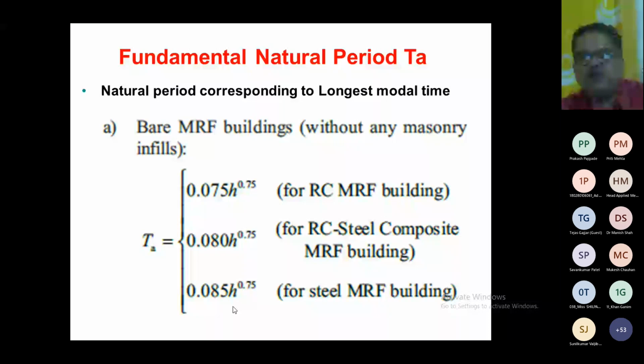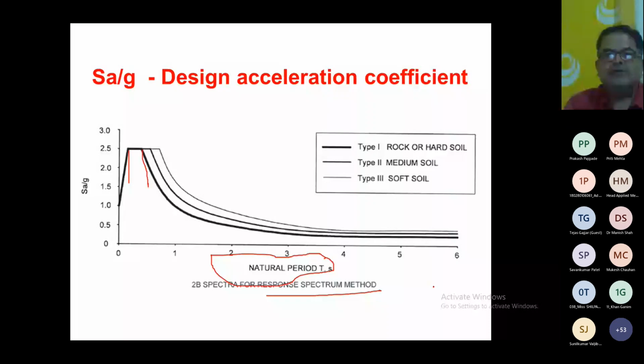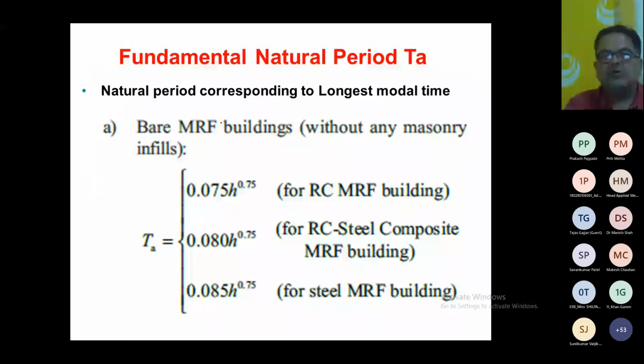Now what you need, how can you get this SA by g? What you need is the natural period of the building. Now how can you find out the natural period? The equation is given in the code. If it is a bare moment resisting frame without masonry infills, then the natural period can be calculated like this: 0.075 H raised to 0.75, right?